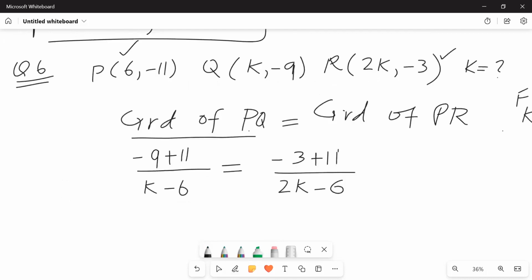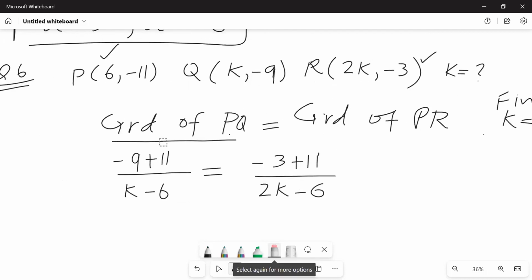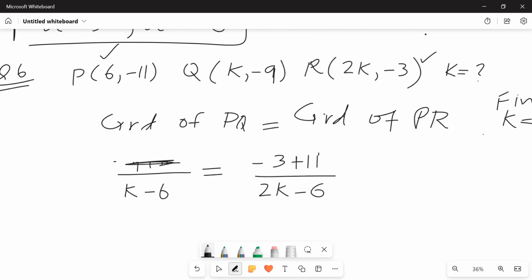According to the condition, gradient of PQ is equal to gradient of PR. Now take PQ.